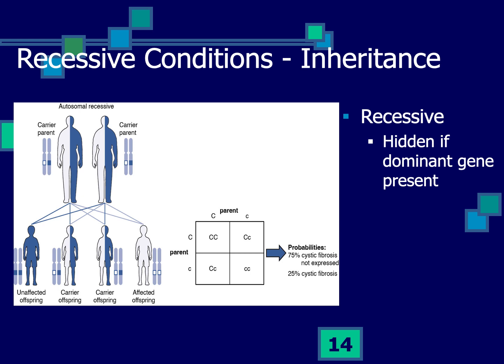If you have one copy of that gene, it doesn't matter because the normal gene will give you enough of the good chloride transporter that you'll be perfectly fine. But if you have two copies of the recessive gene, you'll have what used to be a 100% fatal defect called cystic fibrosis. Now it can be treated.